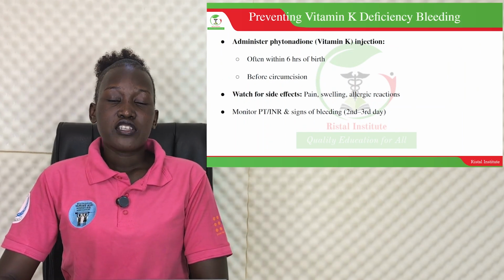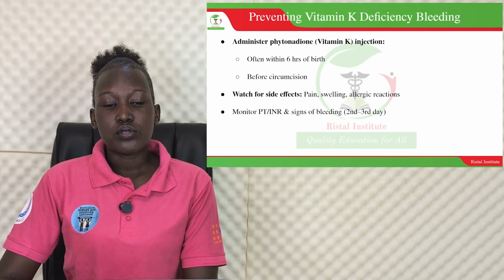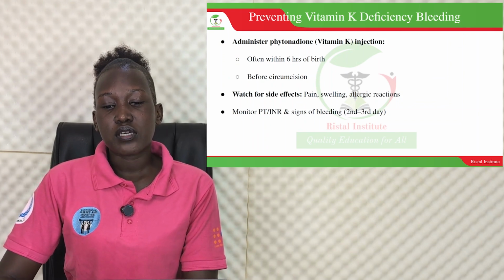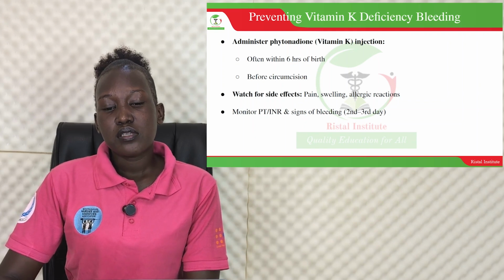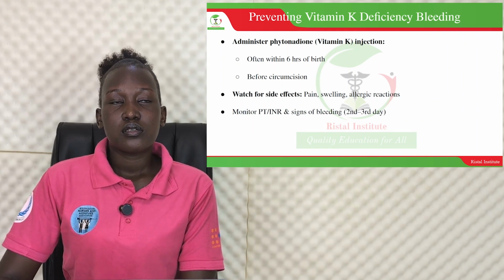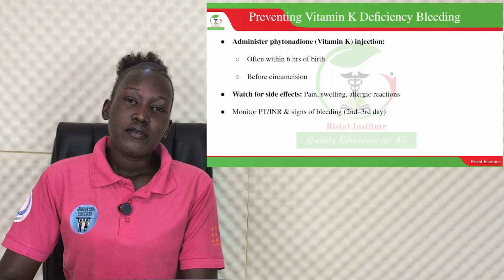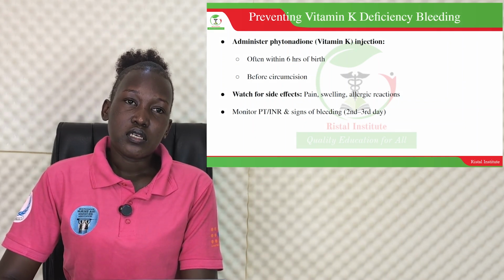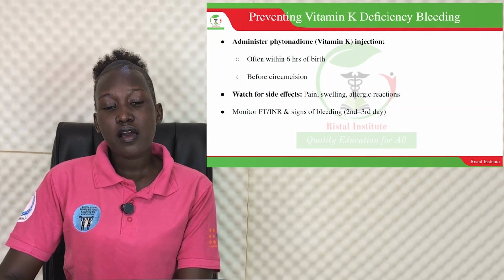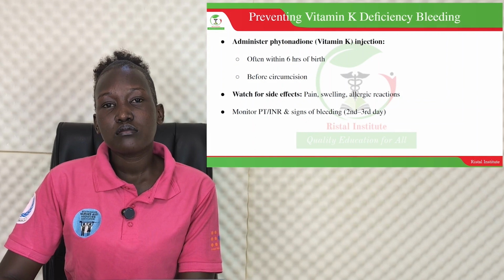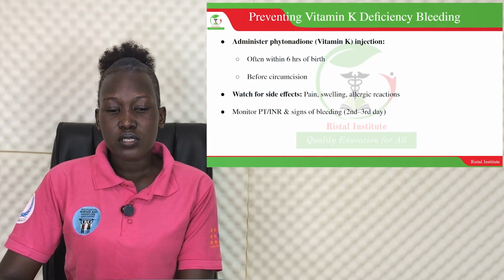So we have some preventive measures that we always give, like preventing vitamin K deficiency bleeding. This is by administering a vitamin K injection. If you have not given it immediately at birth, you can give within 6 hours. But after 6 hours, if there is no serious bleeding, you can always leave it.